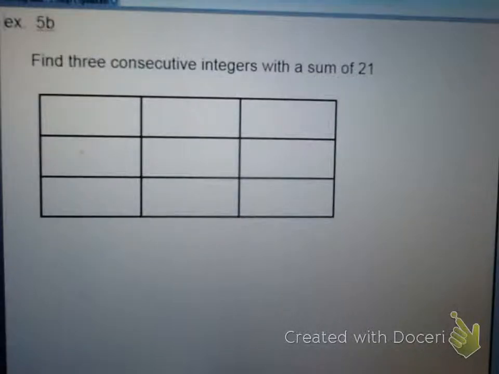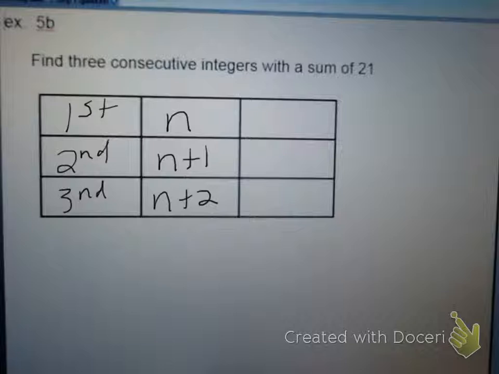Example 5b. Find 3 consecutive integers with the sum of 21. Set up the chart and then make sure you have it correctly. Notice that 3 consecutive integers means one right after the other. So the first integer is n, the second is n plus 1, and the third is n plus 2. So we're going to add these up and put them equal to 21.